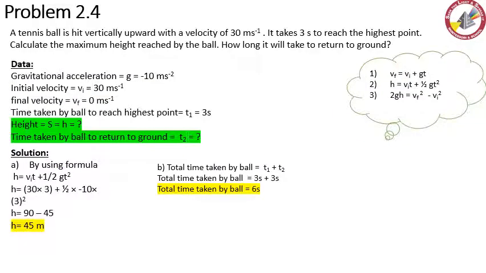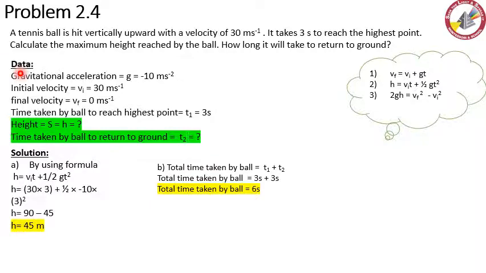In problem 2.4, a tennis ball is hit vertically upward with a velocity of 30 meters per second. It takes 3 seconds to reach the highest point. We have to calculate the maximum height reached by the ball and the time taken by the ball to return to the ground.